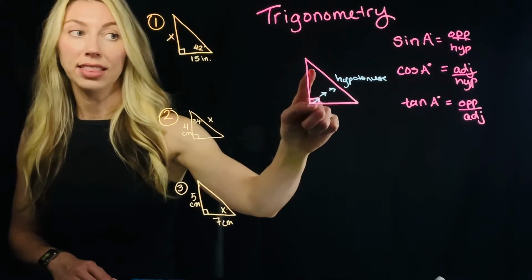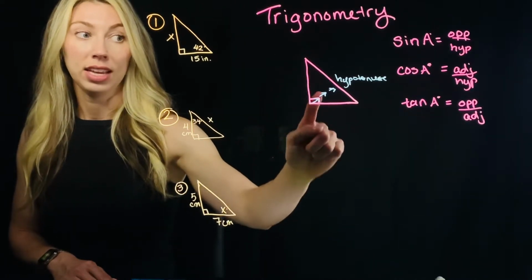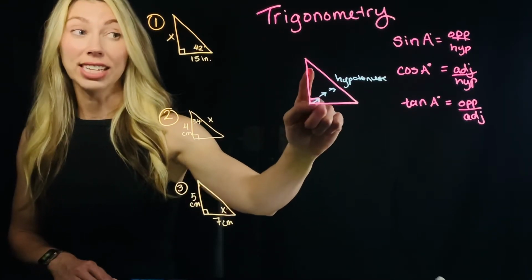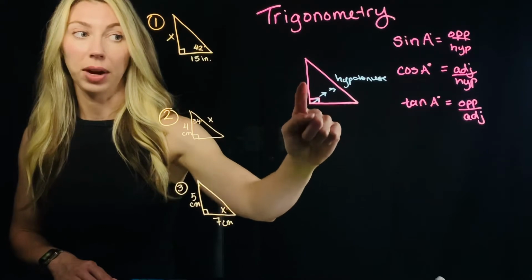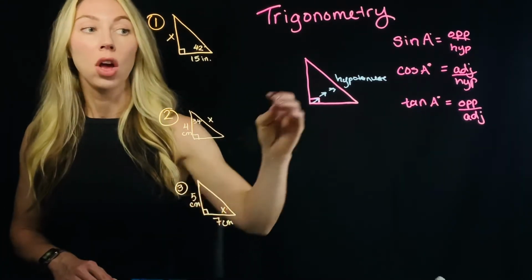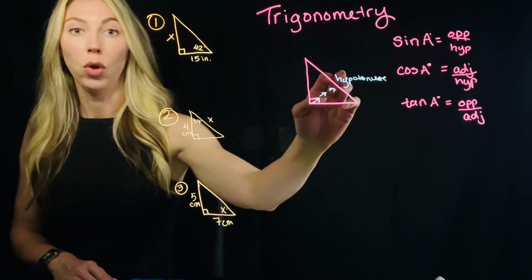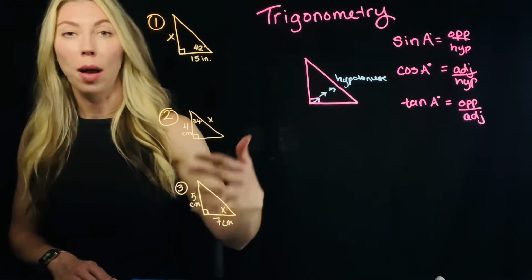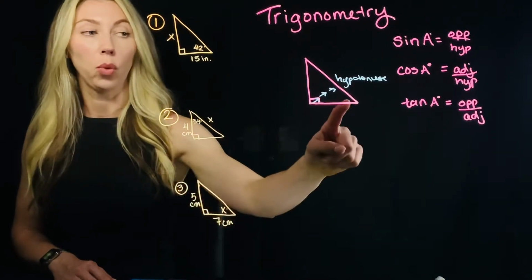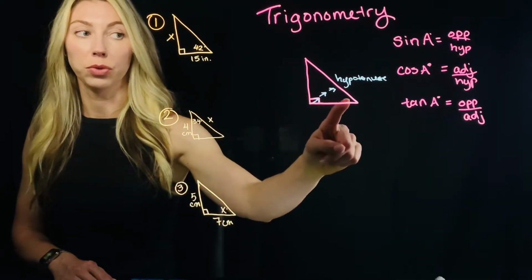Now, the side that is opposite from this angle is this side down here, and the side that is adjacent to this angle is this side right here. So while the hypotenuse is always across from the right angle, the side that you're going to label opposite and the side that you're going to label adjacent is going to depend on which angle you're going to use.